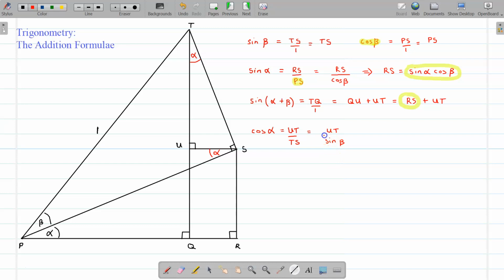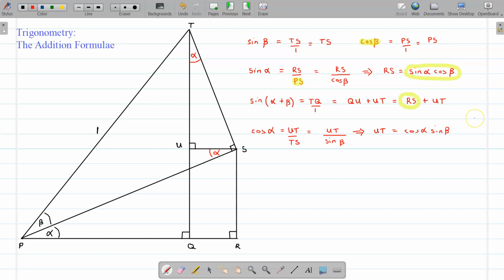Okay, so we now have this situation that if we multiply both sides of that by sine beta, we get that the length UT is the same as cos alpha sine beta.